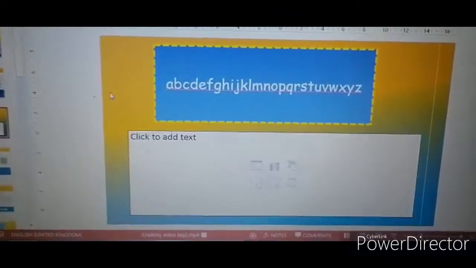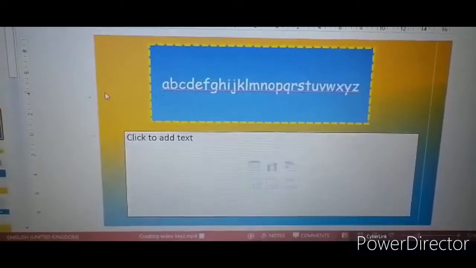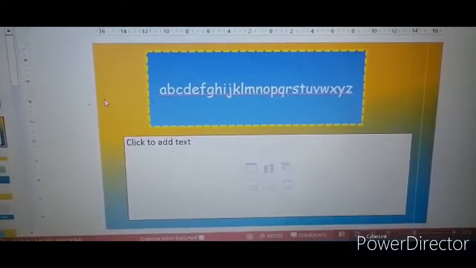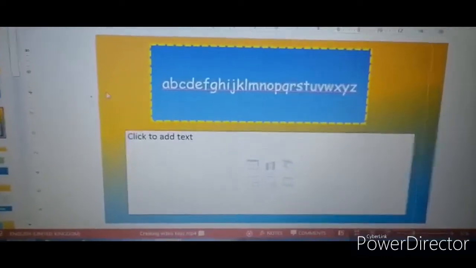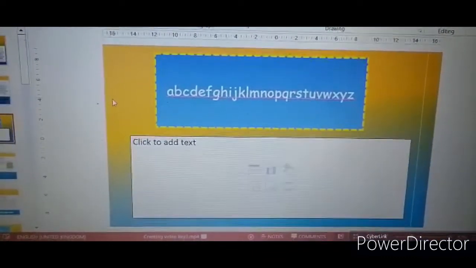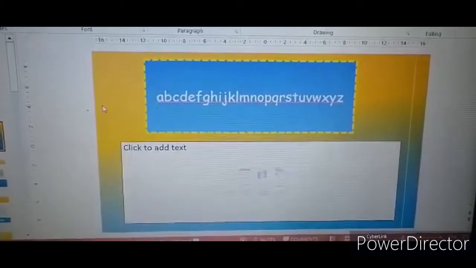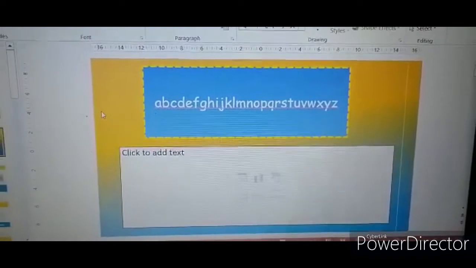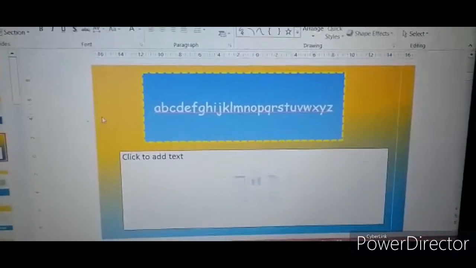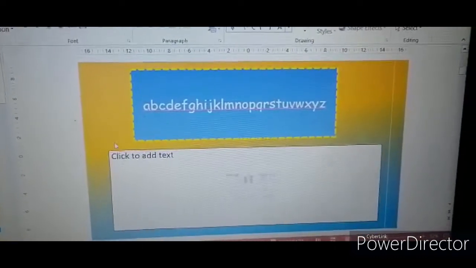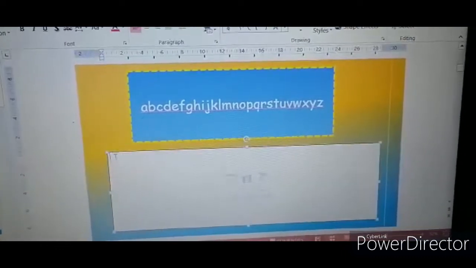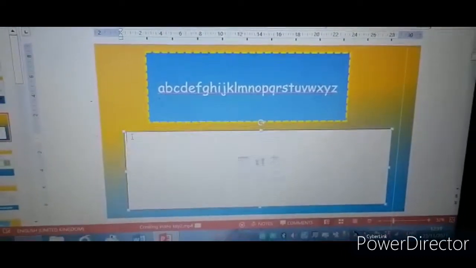Now let's work this exercise together. We need to type the alphabet A to Z together, with no space in between. So let's do it here. Now let's see on our keyboard.